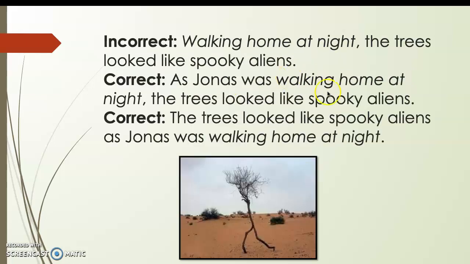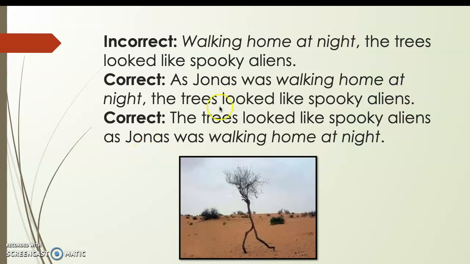One more example, we have, walking home at night, the trees look like spooky aliens. Now, we obviously meant that the trees look like spooky aliens, right? So what we would want to do is clarify that. The trees look like spooky aliens as Jonah was walking home.